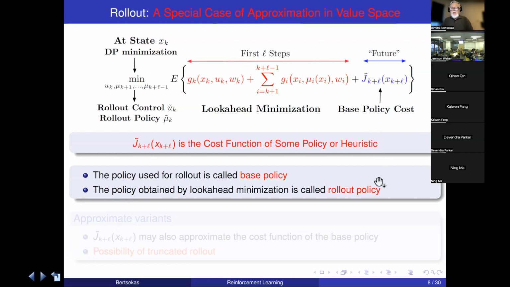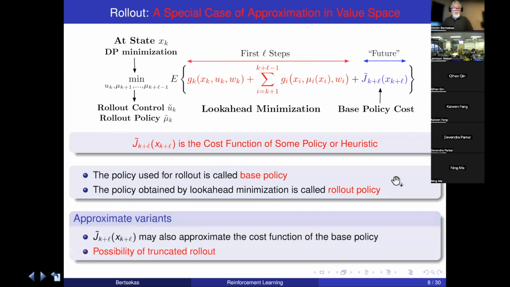But we are interested in establishing whether the rollout policy is better than the base policy in terms of its performance, and also look at variations of this algorithm, where J tilde, instead of being the exact cost function of a base policy, may be an approximation to that, obtained, for example, by truncation and cost function approximation. So this is the broad landscape that we're going to be operating in, and we are going to focus particularly in the deterministic case.